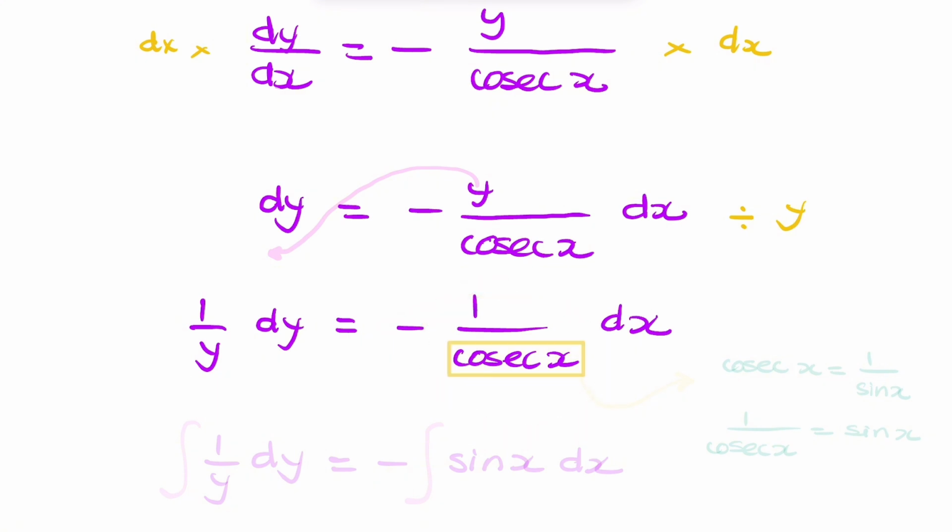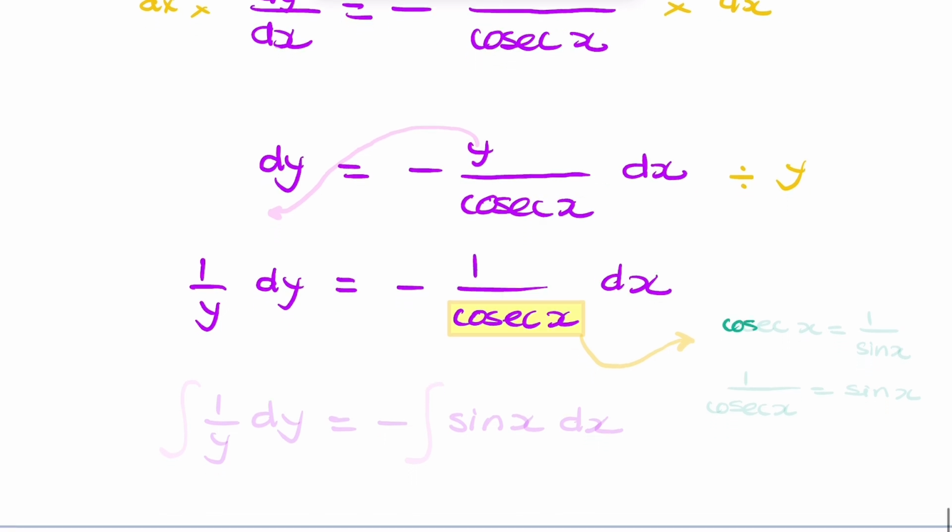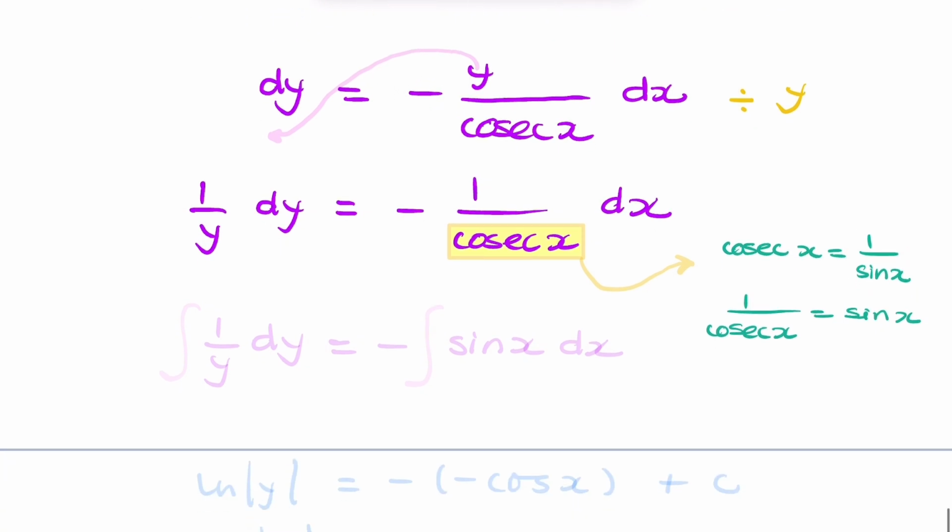So 1 over cosecant is the reciprocal of 1 over sine x, which is just sine x. That's good news because it allows me to integrate sine x. And I know how to do that, whereas I don't know how to integrate cosecant.